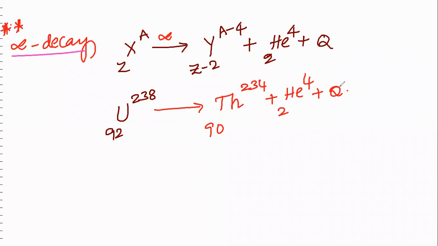This will happen in the case of alpha decay. And when we go to beta decay, it is of 2 types: positive beta decay and negative beta decay. Alpha decay is important, and along with that you have to practice the examples.